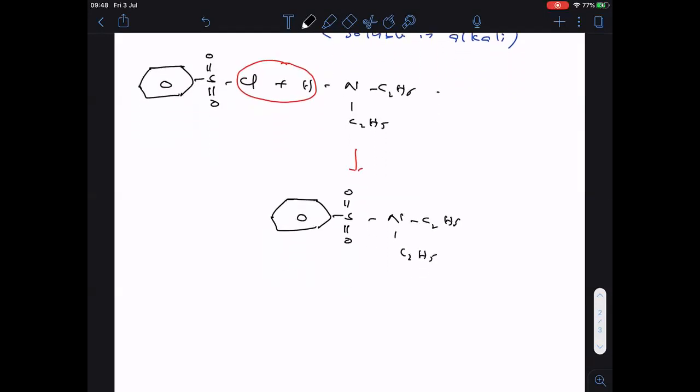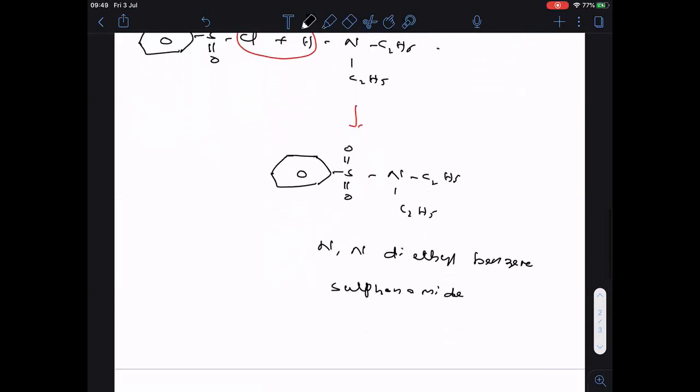Clear? Then what is the name of this one? It is a tertiary amide, N,N-diethyl benzene sulfonamide. But here there is no acidic hydrogen. Clear? So it is insoluble in alkali.